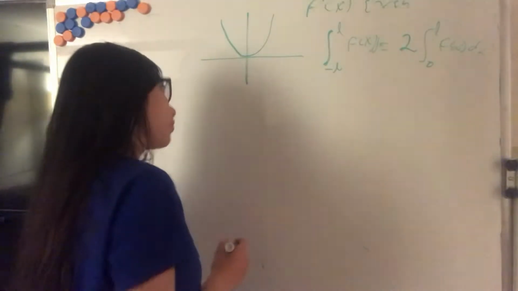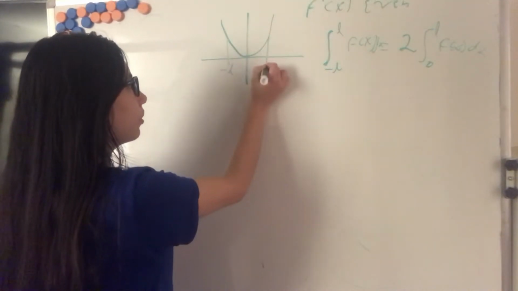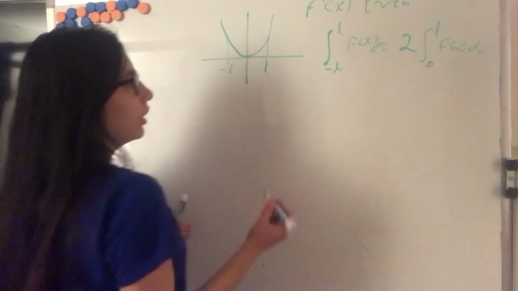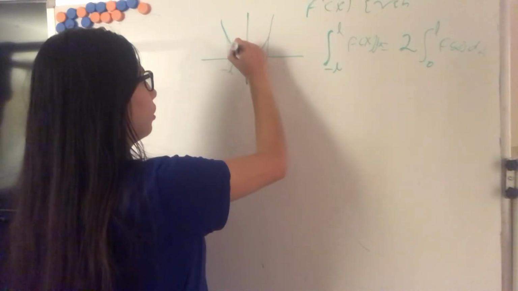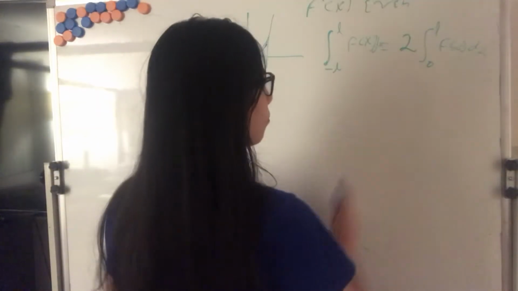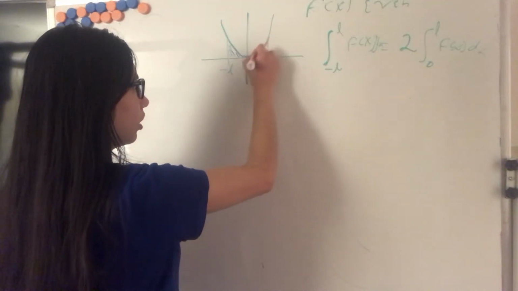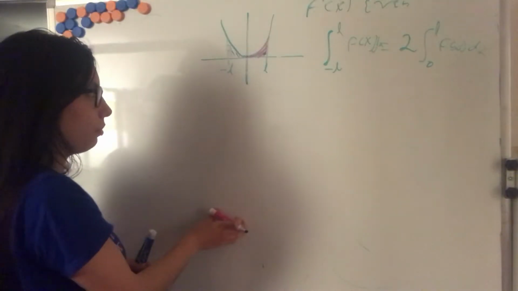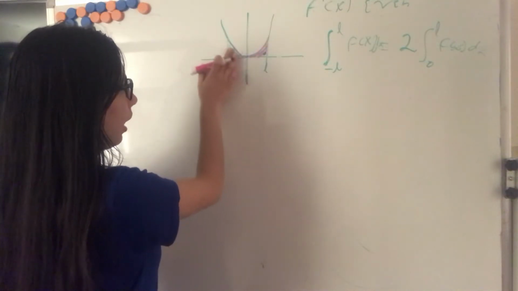Here we have minus L, here we have L. So the integral from minus L to L would be all this. The definite integral from 0 to L is just this. But because it's an even function, this is exactly the same area as this.